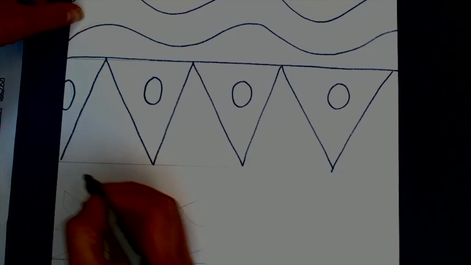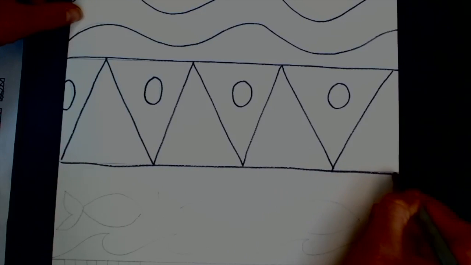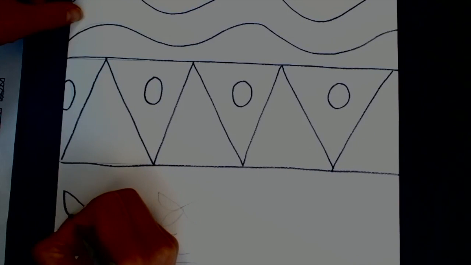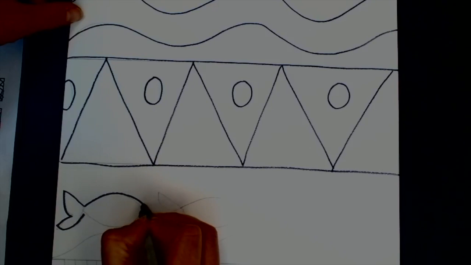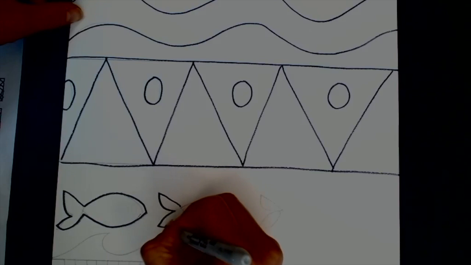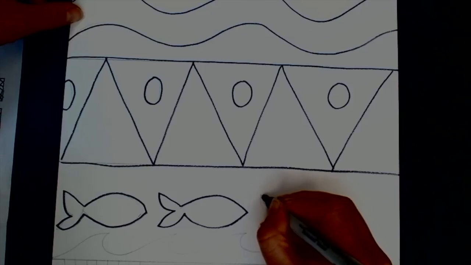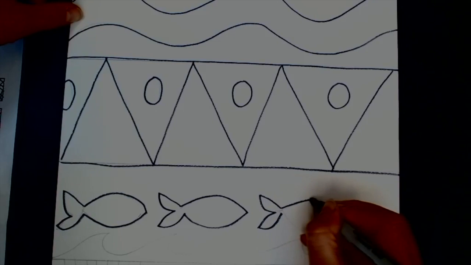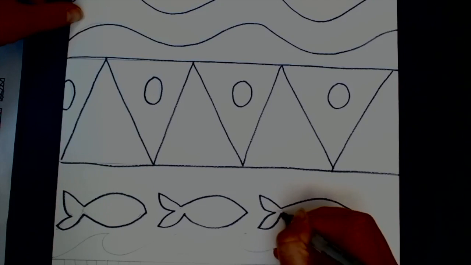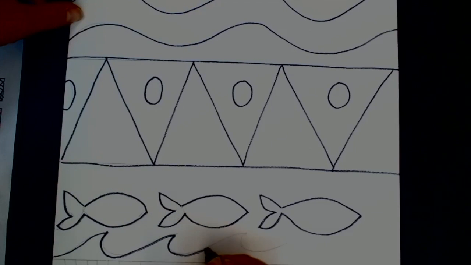So let me just do my fish and then I'll show you the pattern that's a little too small. So I know that fish have eyes and fins and scales, but I'm going to wait to add all of the details onto my fish until after I've painted. Here's my water.